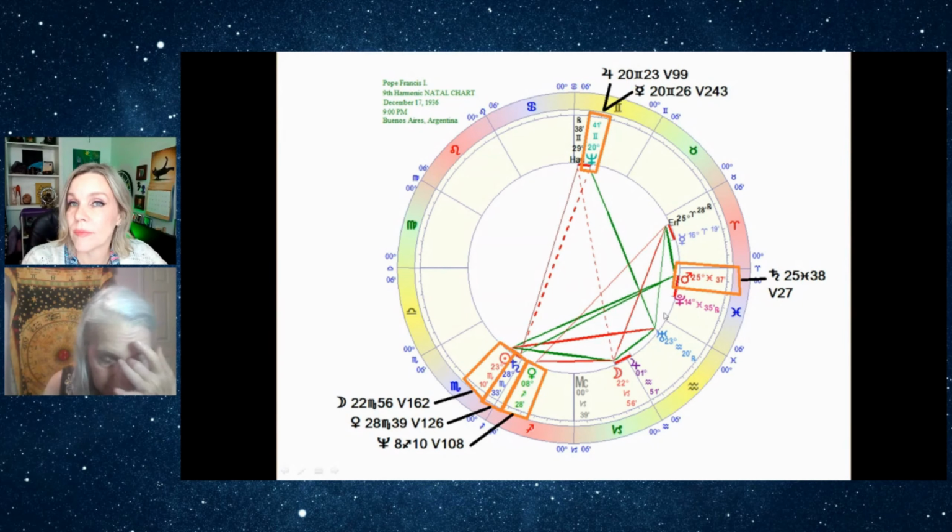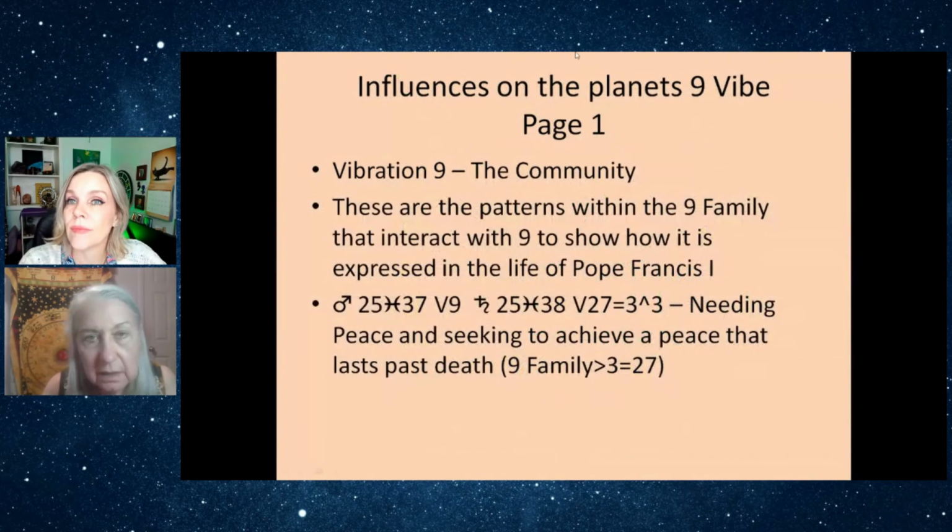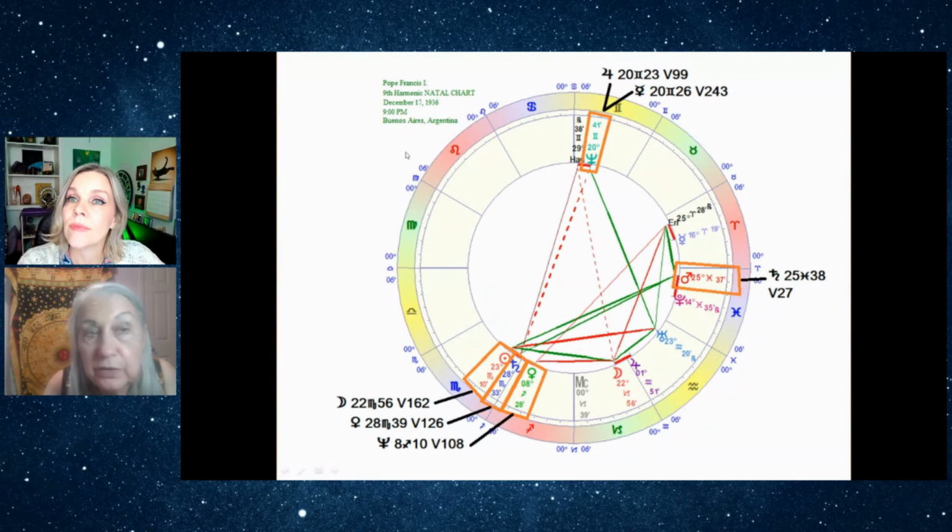Now, let me go through these quickly. Okay. First of all, this is the 9 vibration. Remember, the vibration is always fundamental. So we're talking about the community. We're talking about Pope Francis's place in the community, how Pope Francis connects with community. All right?